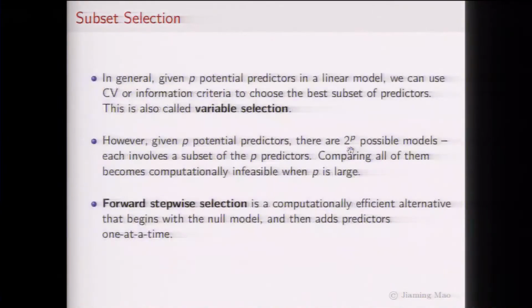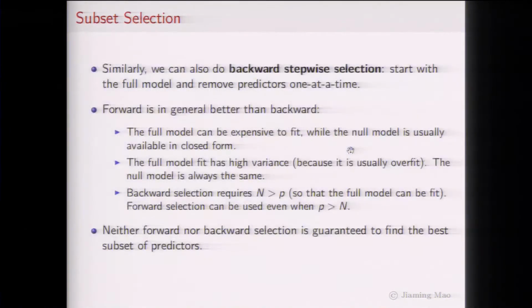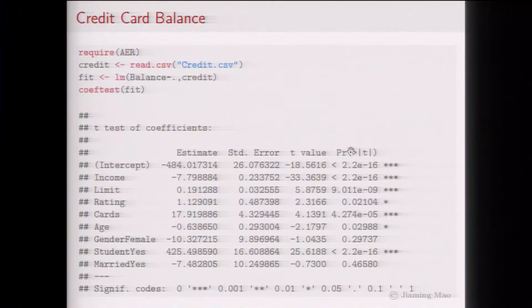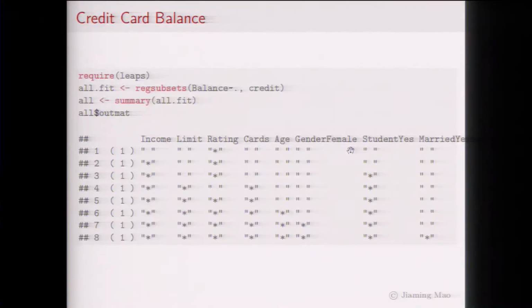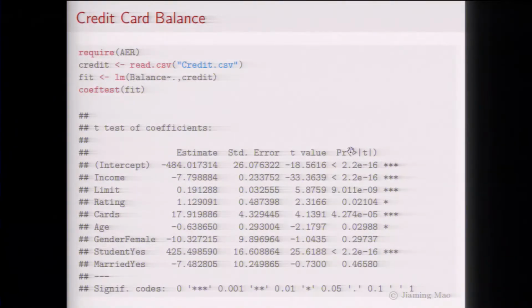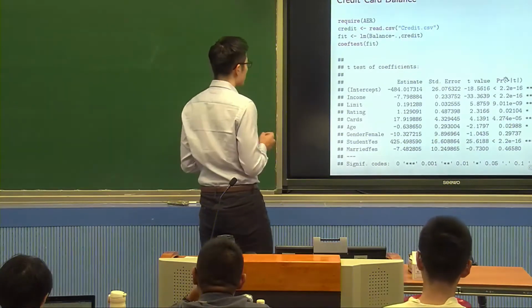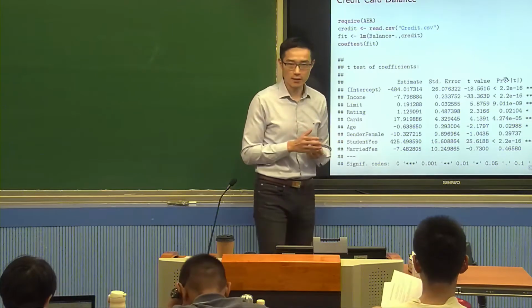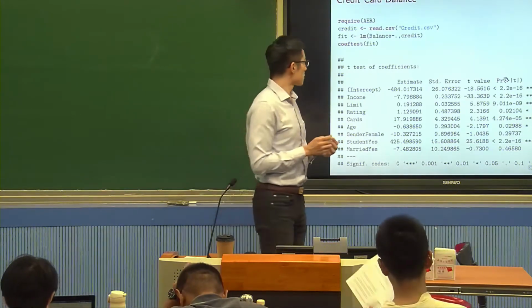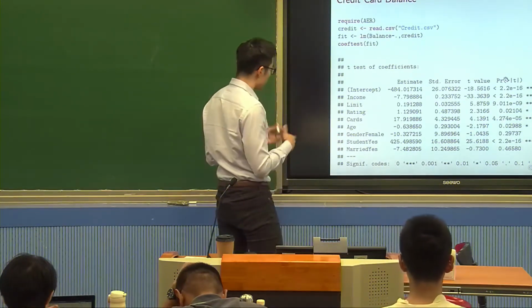All right. So let's see what we can do. Suppose now let's take a look at a different data set. We're going to use the credit card balance data set. I think we have already looked at this data set before. This data set contains a number of variables.